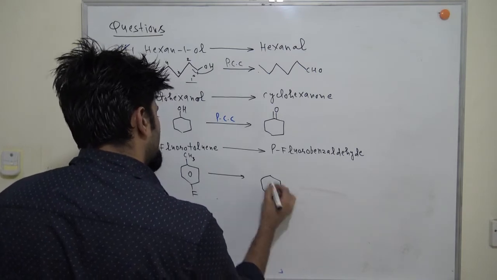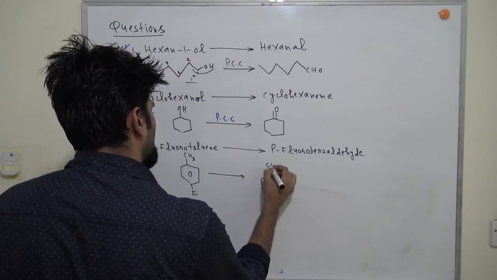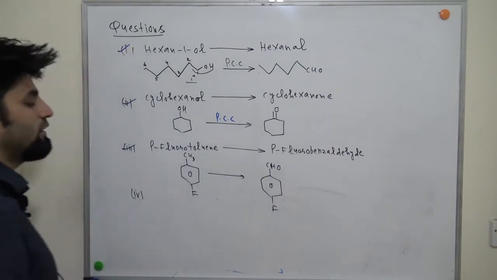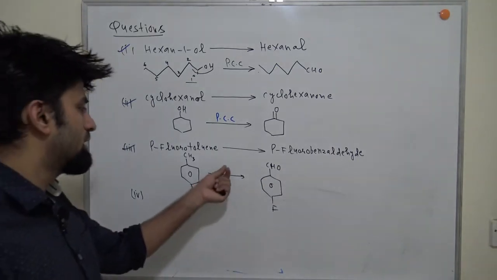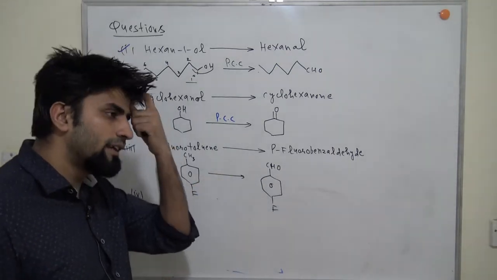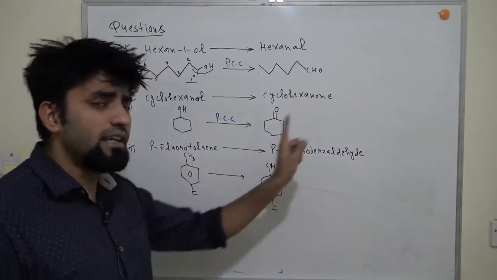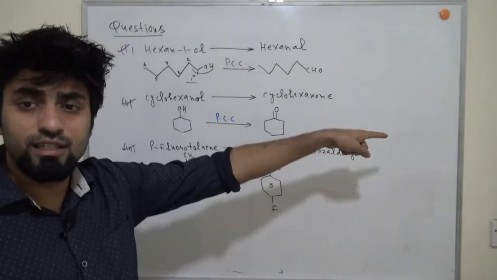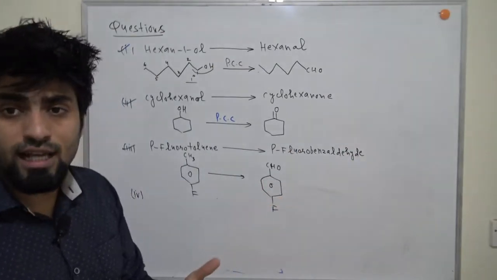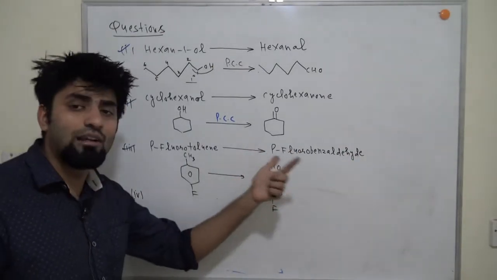This means the CH3 group I am converting into CHO, right? If you remember, I told you that if you use a strong oxidizing agent, then an aromatic hydrocarbon containing at least one benzylic hydrogen will oxidize to acid, to COOH. So here I have to use a mild oxidizing agent.